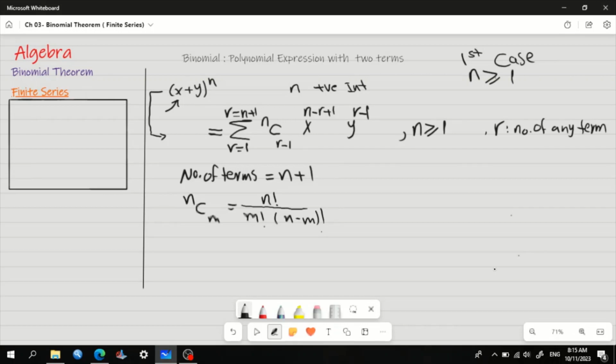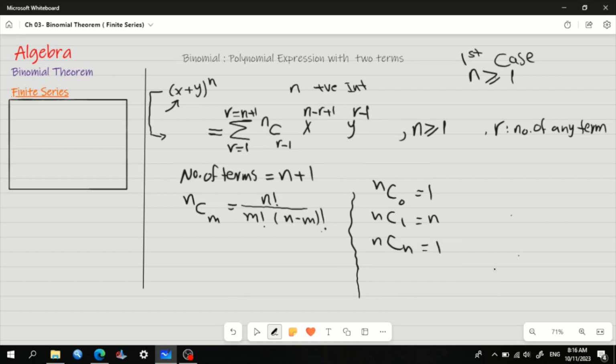Okay, and here, as we know before from combination, n combination 0 equals 1, n combination 1 equals n, and n combination n equals 1.